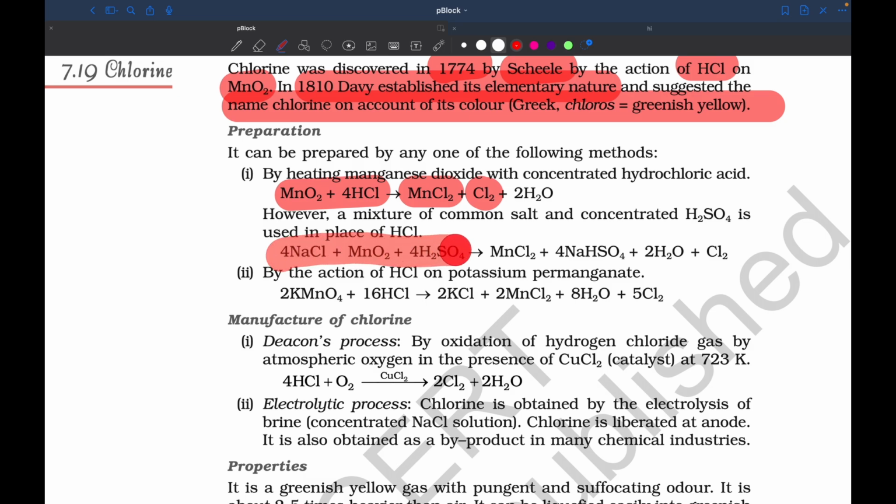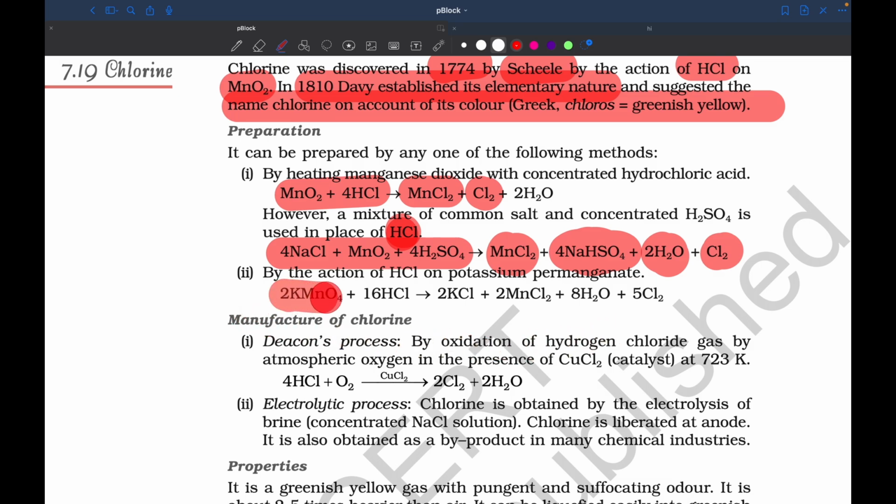Second preparation: NaCl, MnO2 plus H2SO4. A mixture of common salt and concentrated H2SO4 can be used in place of HCl, which again produces HCl, where you get the chlorine. MnCl2 is formed, sodium hydrogen sulfate is formed, and a little water is also formed.